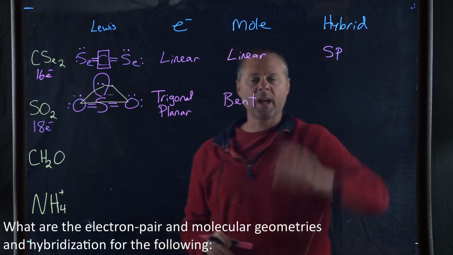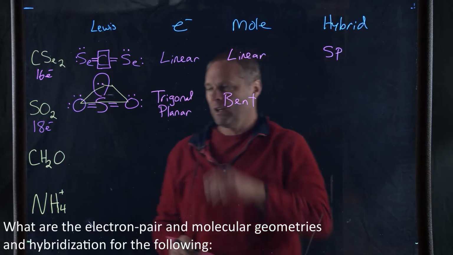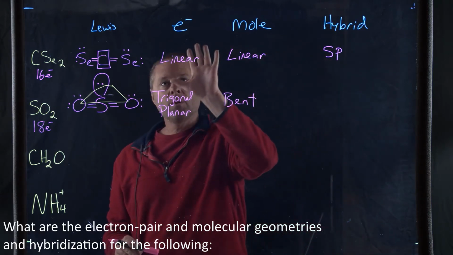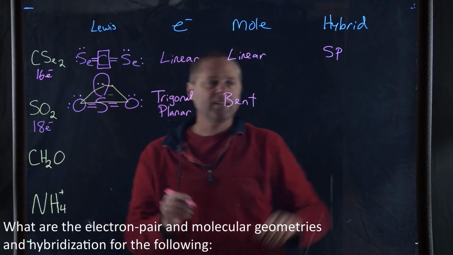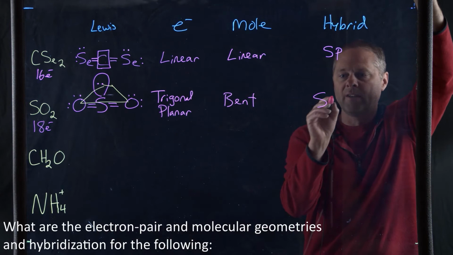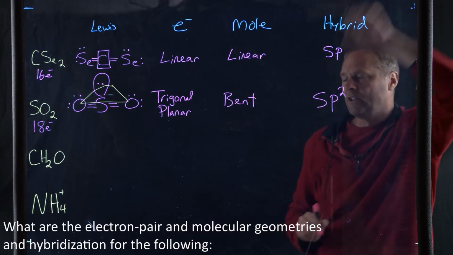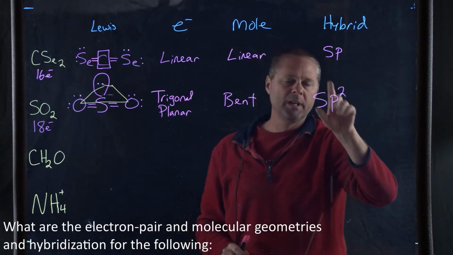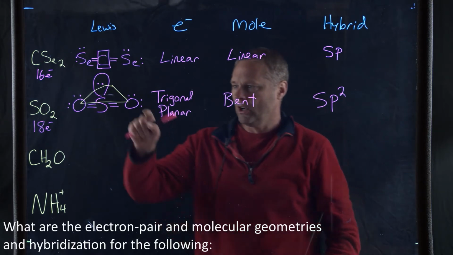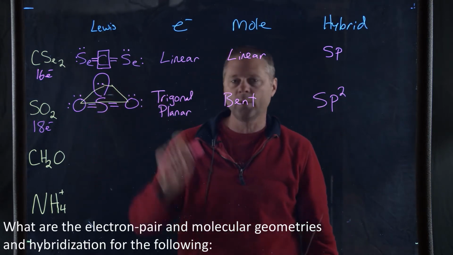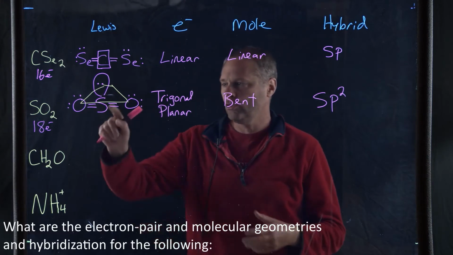Now, to come up with the hybridization on this, once again, we look at the electron geometry and we see that it's trigonal planar, and anything that's trigonal planar is going to have an sp2 hybridization. Because there's 2 p's and 1 s, that means we're going to be making 3 hybrid orbitals. 1, 2, 3 things are attached to the sulfur.